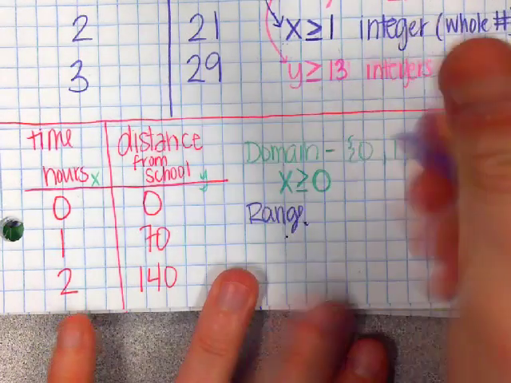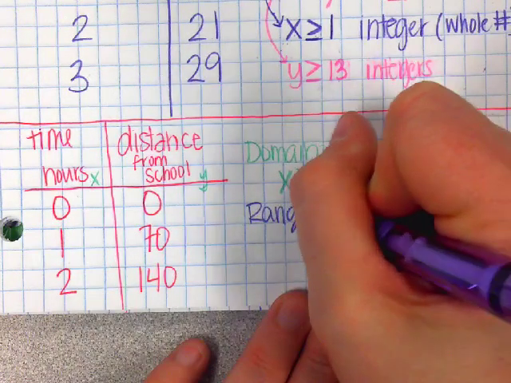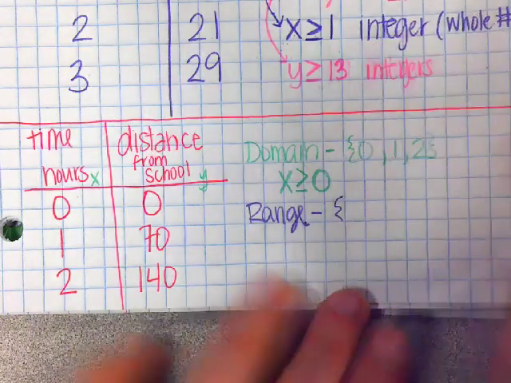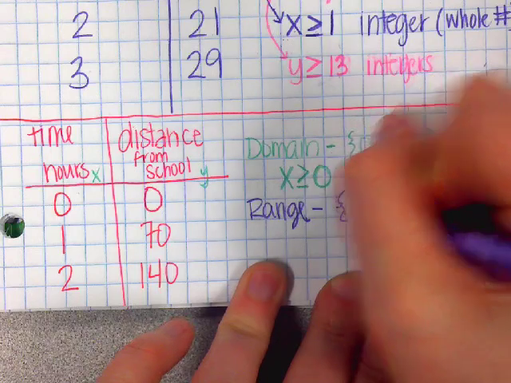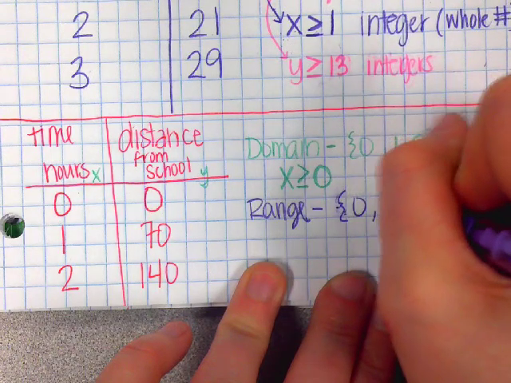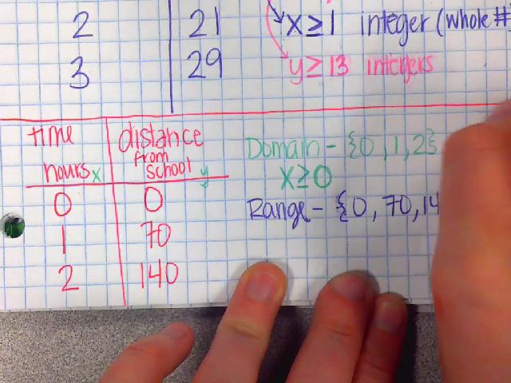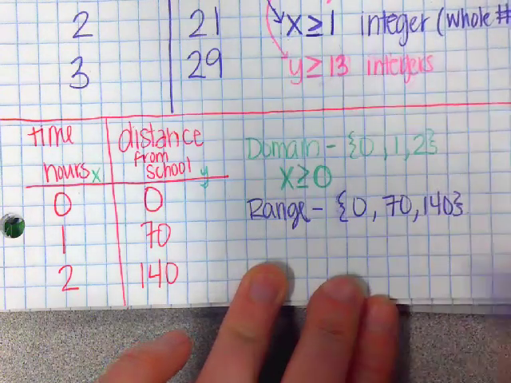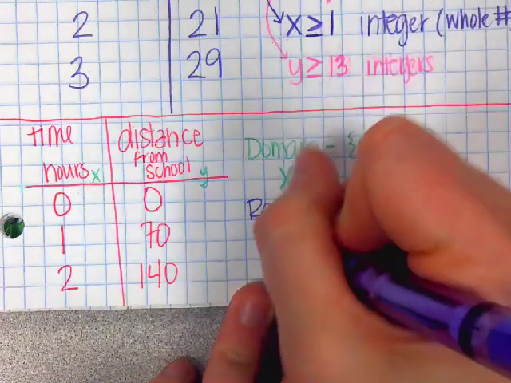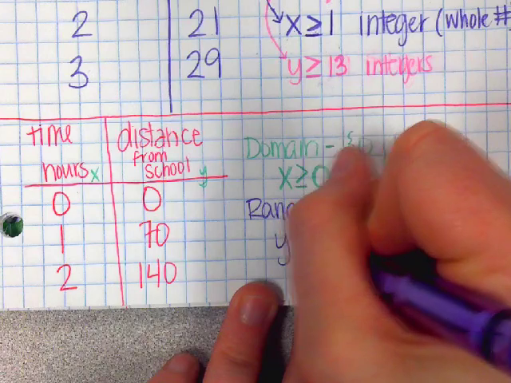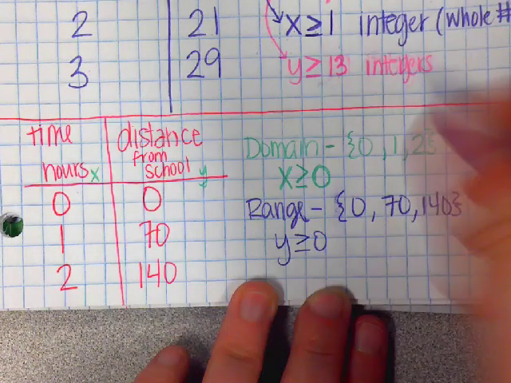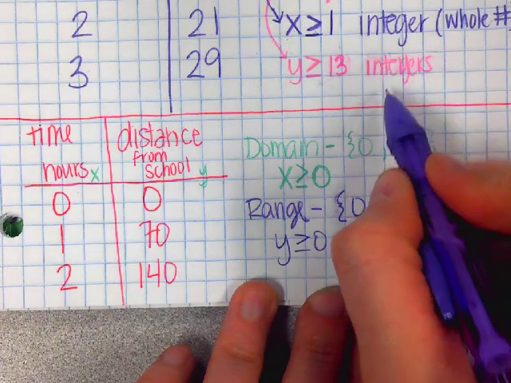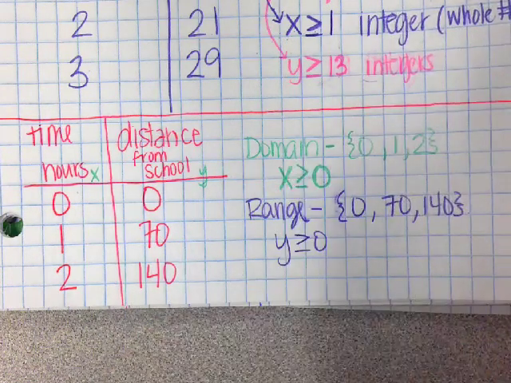Okay, and then range. Again, oh, that one's terrible. So 0, 70, 140. So if you look at this, your y values are greater than 0 because you can't have a negative distance.